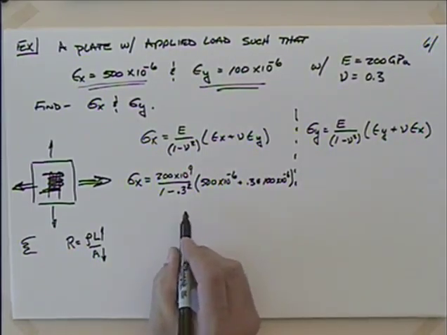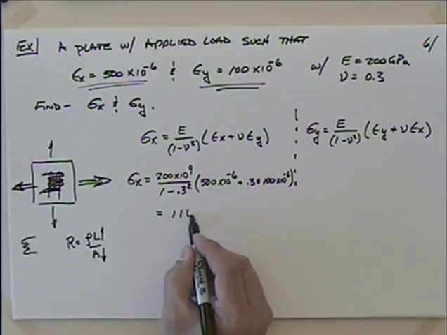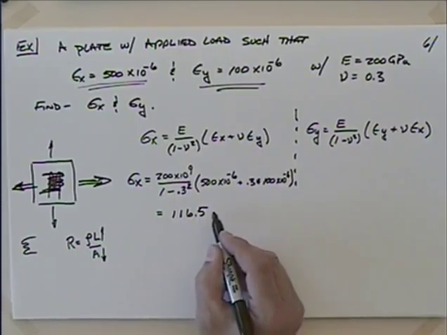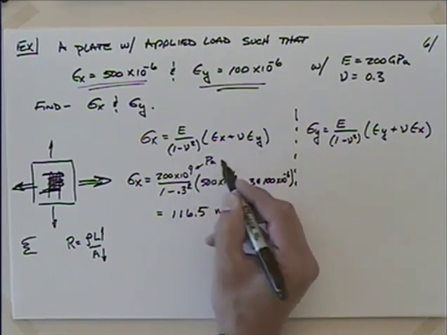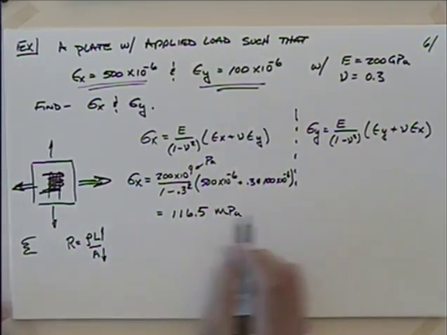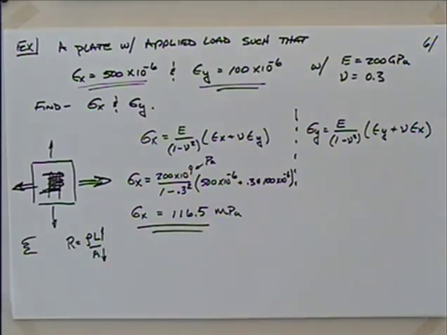So you go through the math there, and this turns out to be equal to 116.5 times 10 to the 6, so we'll just call that mega, and this is pascals. So we'd have megapascals. So sigma x is equal to 116.5 megapascals.